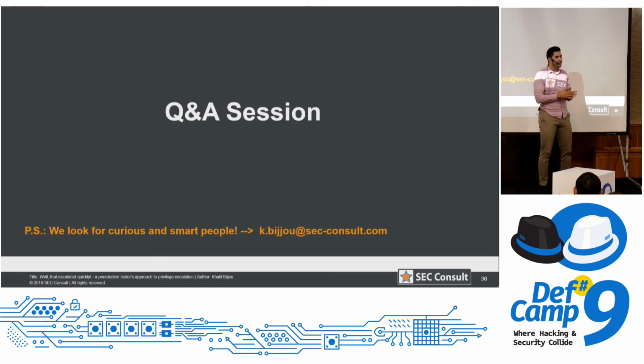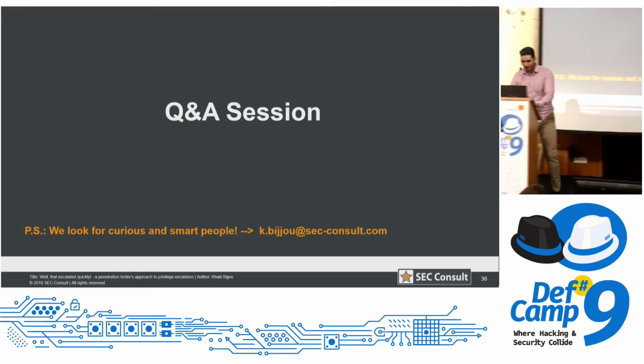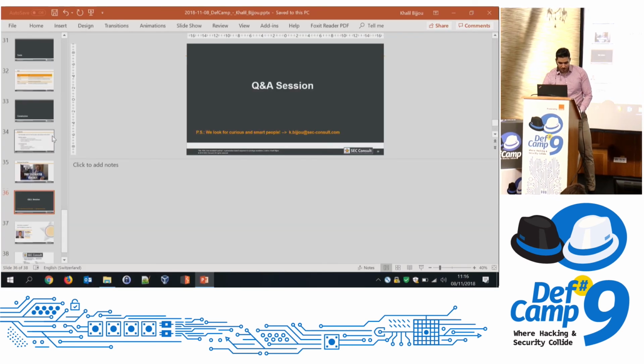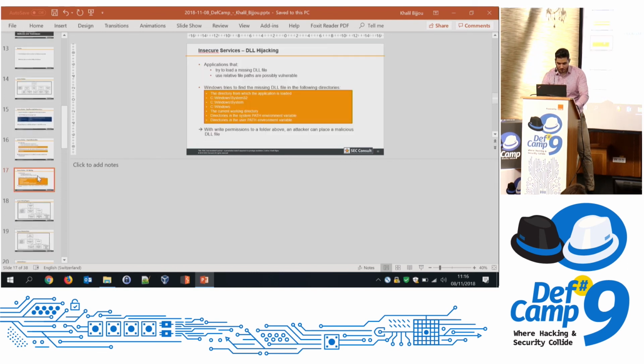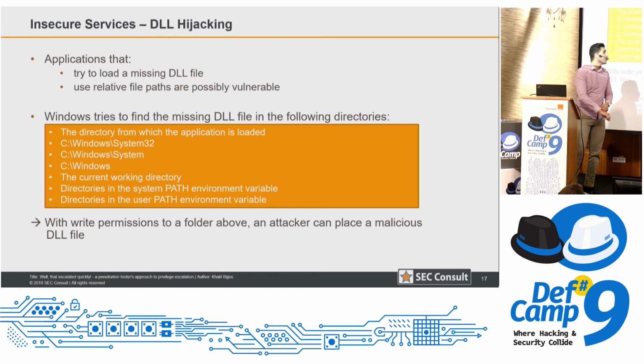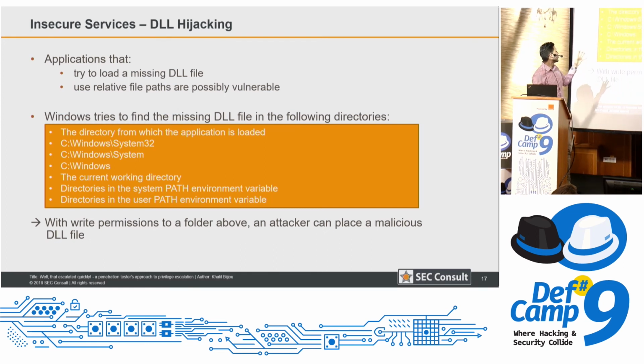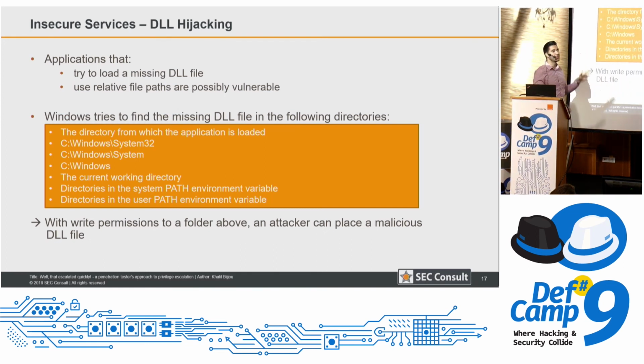Not necessarily. So in the first folders that I showed earlier on, I'll just open it again. In the first four or five folders, you will probably not have write access.